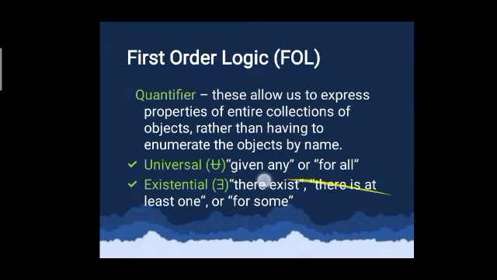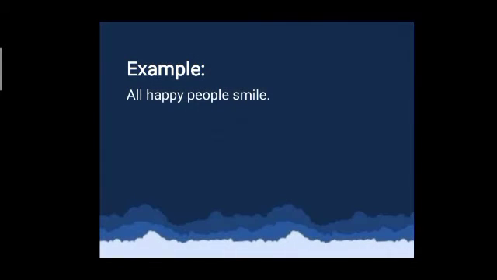For example, all happy people smile. Now since we have the word all, we are going to use universal quantifier. For all X, people X. So what do we mean by people X?